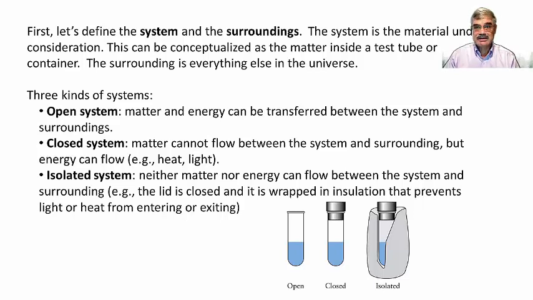It's completely isolated from the surroundings, so that neither matter nor energy, radiant energy or thermal energy, can flow between the system and the surroundings. It's important to have these definitions in mind because in a minute we'll define the first law of thermodynamics, and you'll see that the term isolated system is a key part of that definition.